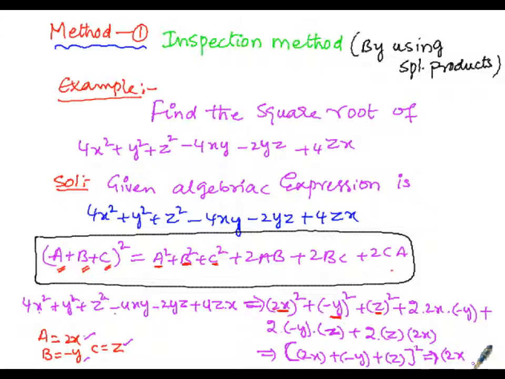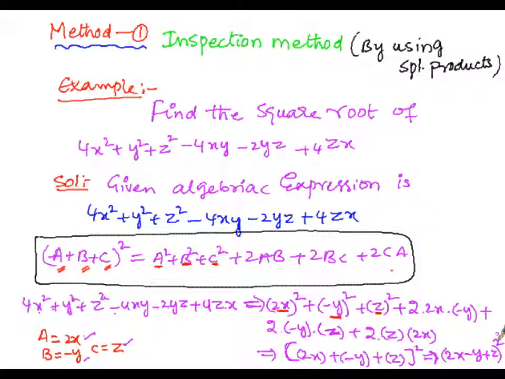Then plus of minus is minus y, then plus z, but it must be squared. So in this manner we can write 4x square plus y square plus z square minus 4xy minus 2yz plus 2zx equals 2x minus y plus z whole square.